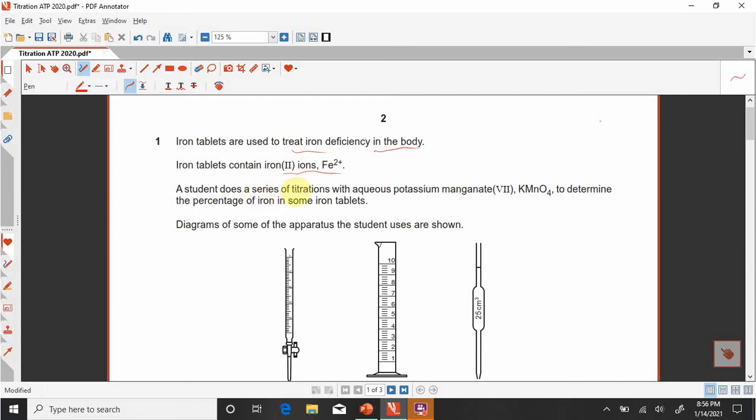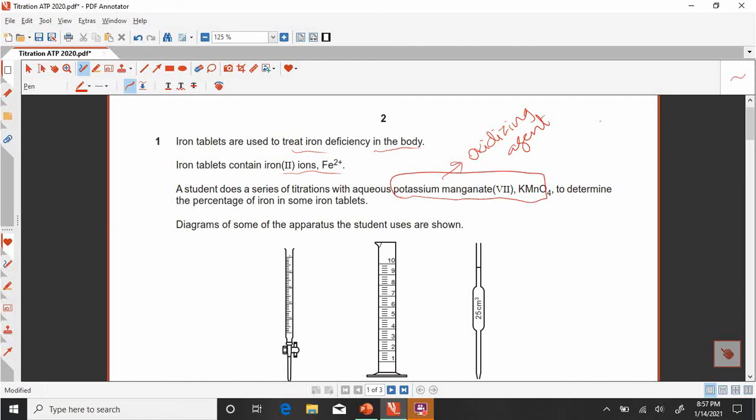A student does a series of titrations with aqueous potassium manganate. This aqueous potassium manganate is called the oxidizing agent, which we have used here.